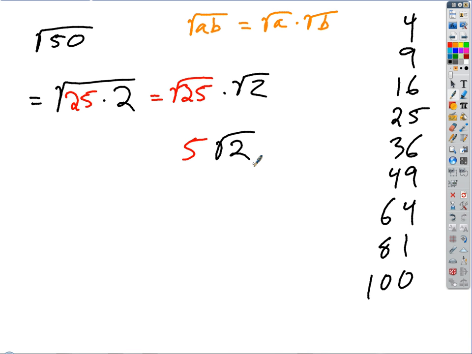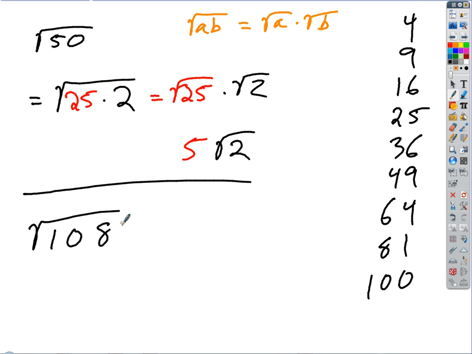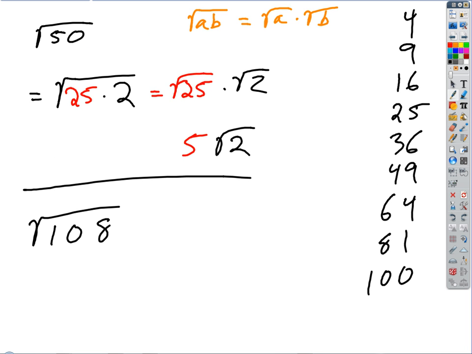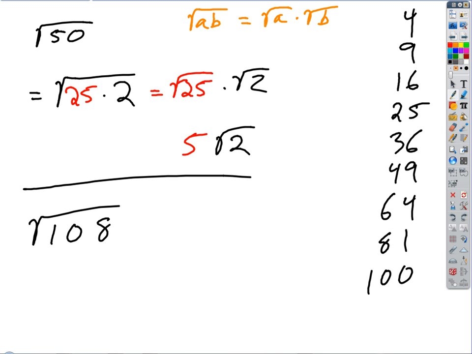Does that make sense? So let's try another one for practice. Let's simplify the square root of 108. My goal is to find the biggest perfect square factor of 108.